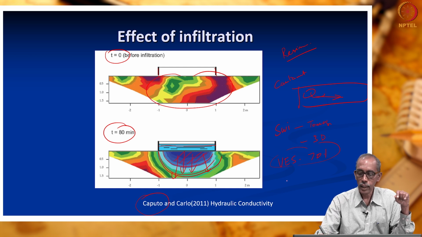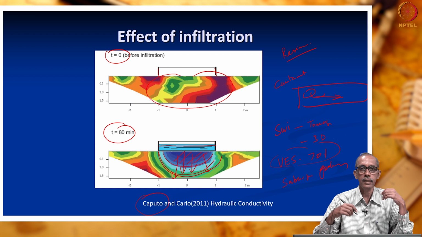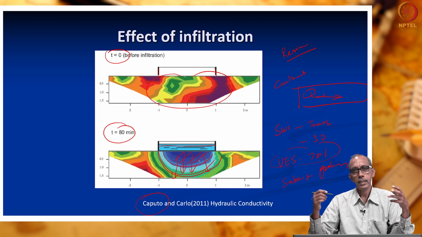Then we saw how we can understand the subsurface geology by resistivity survey. I showed you an example from the Telangana region, wherein we conducted several vertical electrical soundings. Toward the end we saw how infiltration from a percolation pond can be studied by resistivity images.